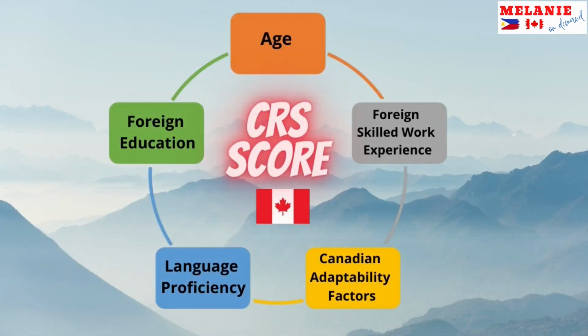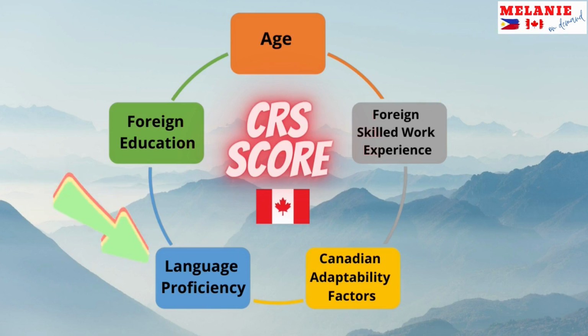The way I see it, the CRS score is governed by 5 main categories, namely age, next, foreign education. That's your highest education level attained outside Canada. Then, foreign skilled work experience. That's your skilled work experience under NOC 0, A, or B outside Canada.